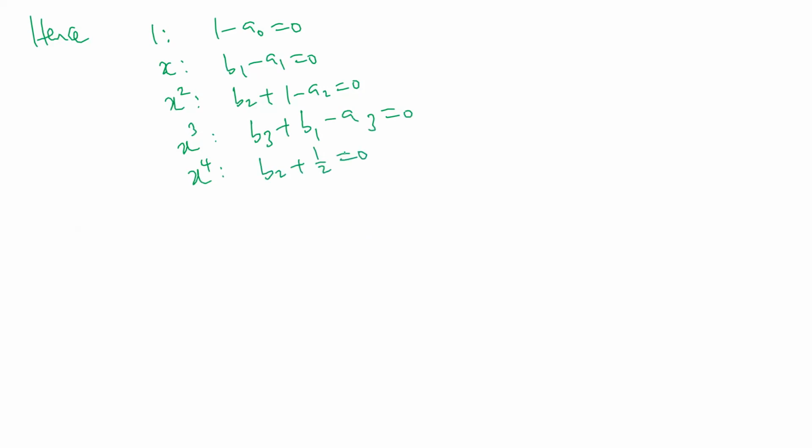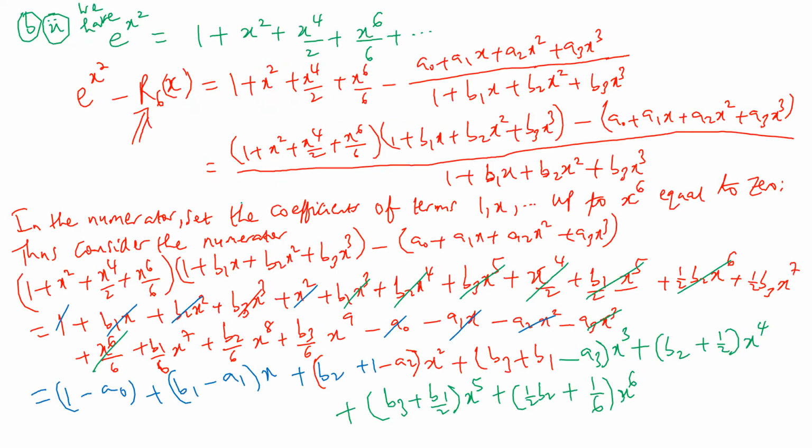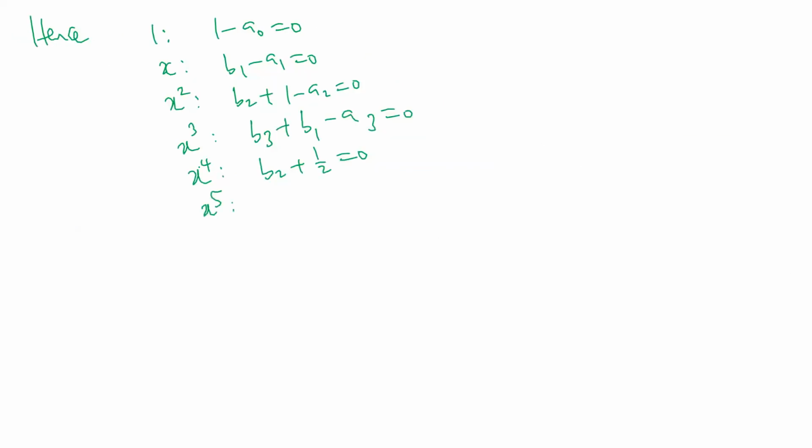Always we do this when it comes to the Pade approximation. So we have x to the 5th power, which is b3 plus half b1. b3 plus 1/2 b1 equals 0.